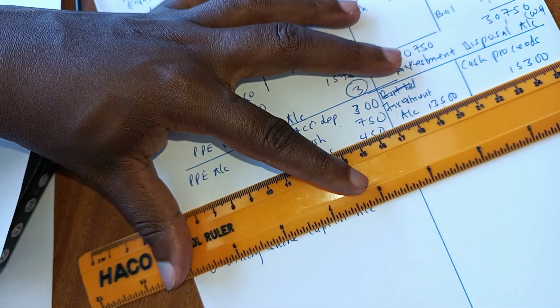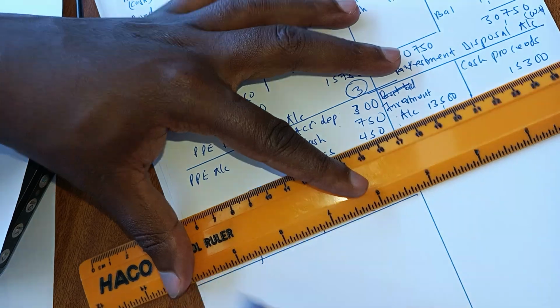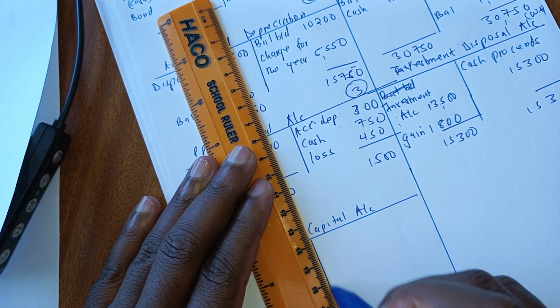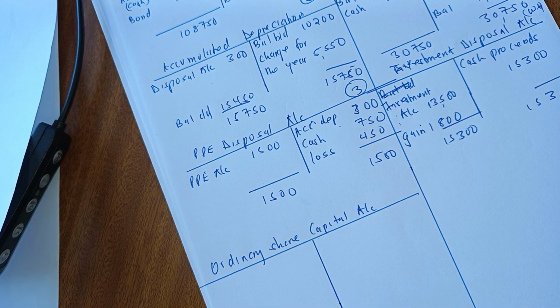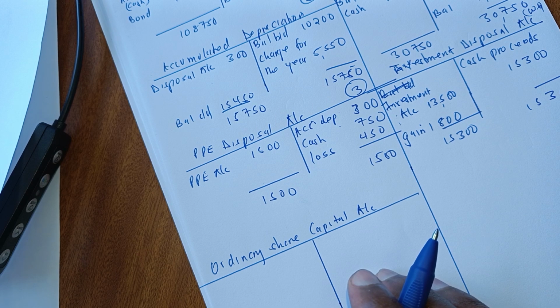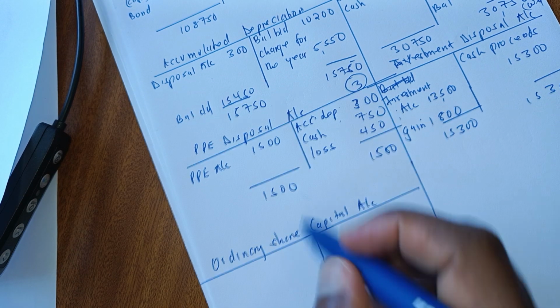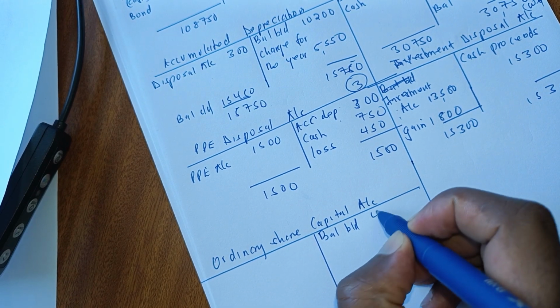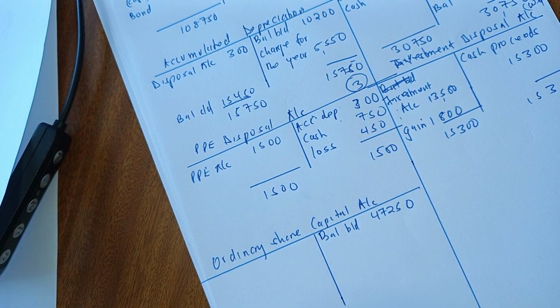Here again we are going to look at how this is equity, so it has a credit balance carried down of 47,250.